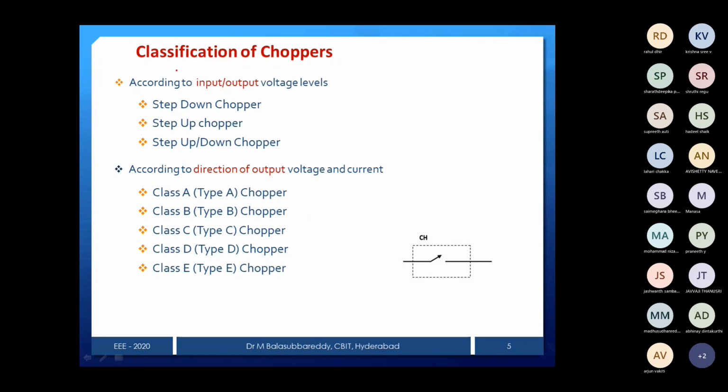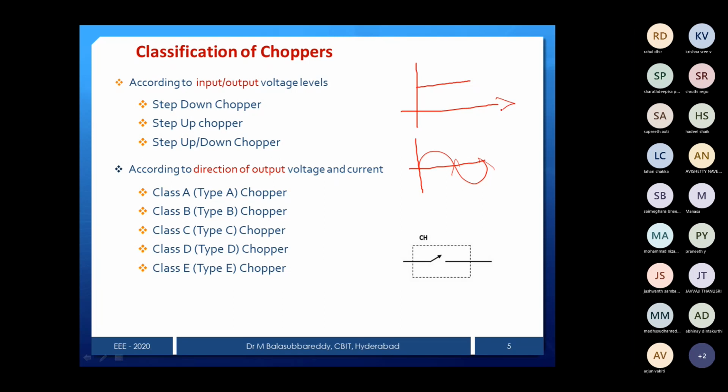Because a chopper is nothing but DC to DC. If the input is DC, that supply will never go to natural zero. Normally, if it is an AC supply, every positive half cycle and negative half cycle goes to natural zero, so you can turn off the device at pi, 2 pi and so on.